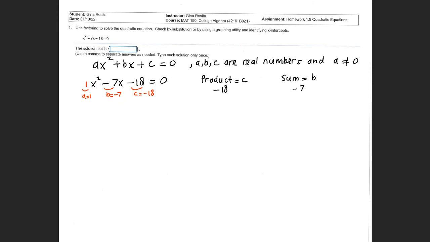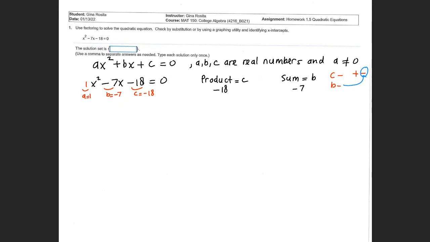Now we can see C is negative. If C is negative, the solution becomes plus and minus. Look at over here, B is negative. So because B is negative, we put the negative sign on the biggest number.